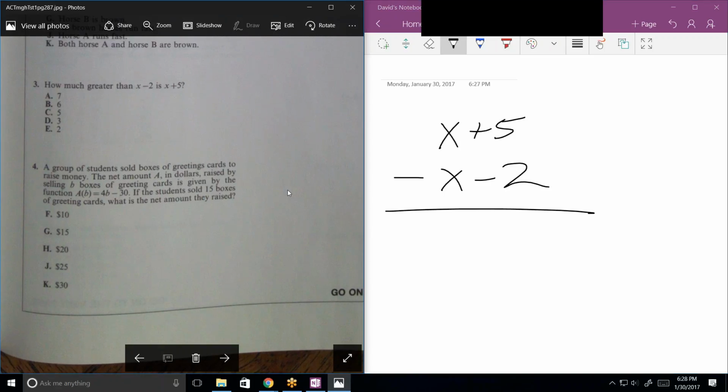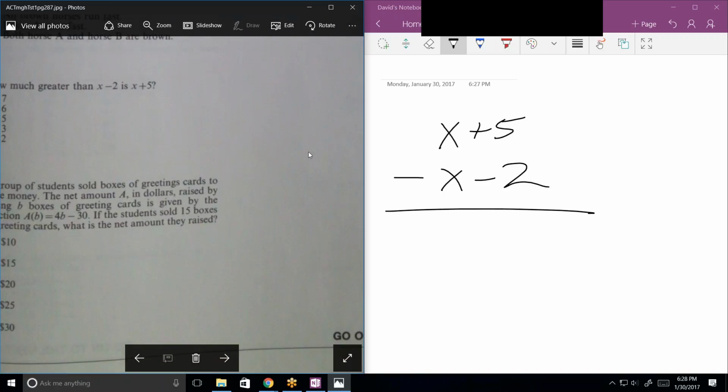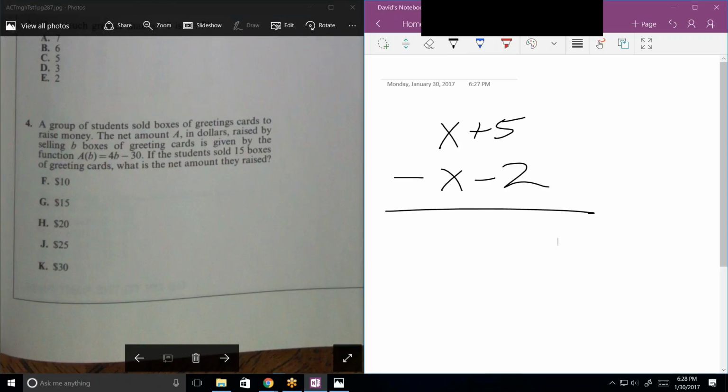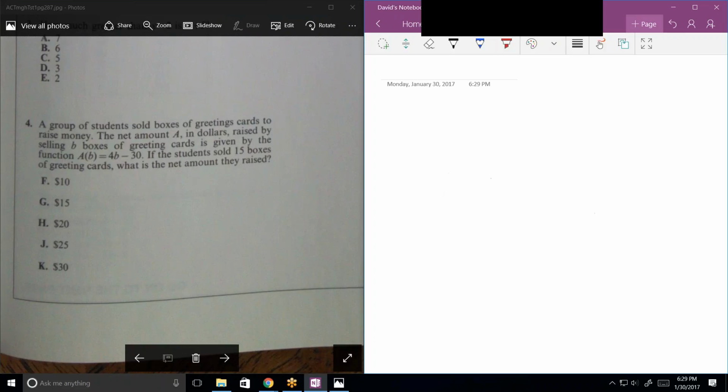Okay. Number 4, let me blow it up a little bit. There you go. The net amount of A in boxes having B of greeting cards given. So would the net amount be $30? Yeah. Okay. And notice that you could have started this problem 3 sentences down. You could have started reading at the 4th sentence and you'd have been fine.